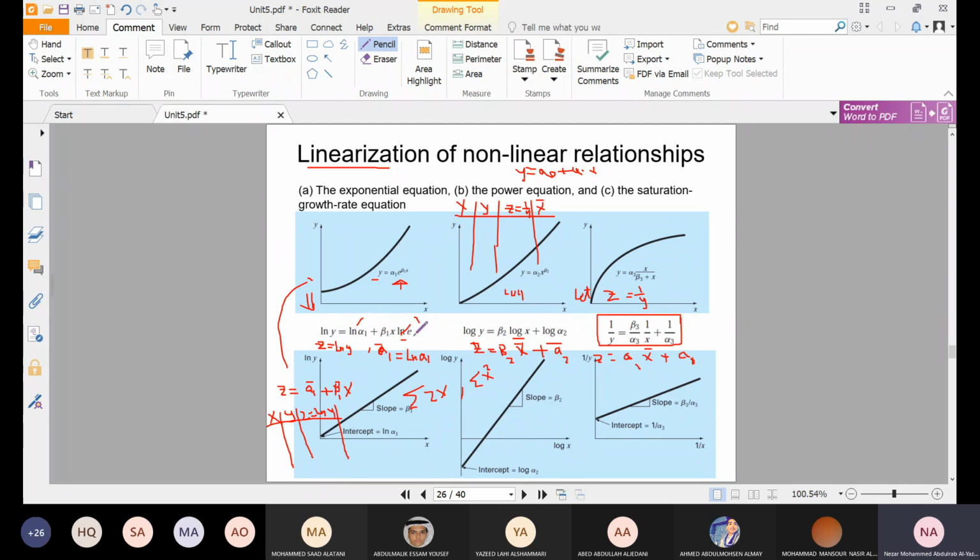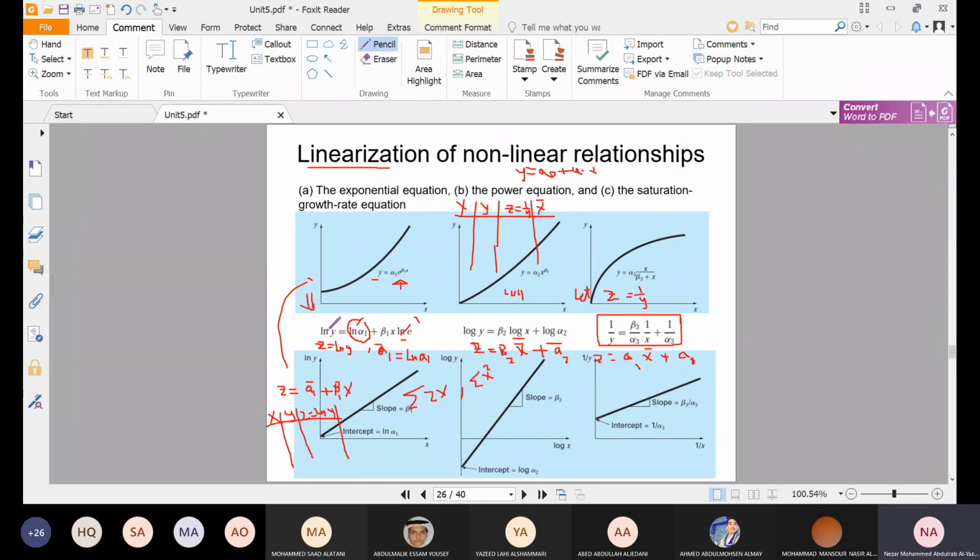Here ln of e is equal to 1, so I have ln y equals ln alpha 1 plus beta x. This coefficient, ln alpha, is the intercept, so I can define it, for example, as a0, to have it in this form.